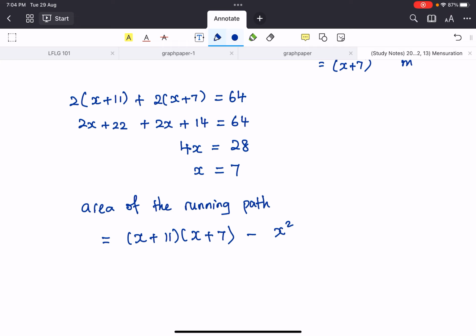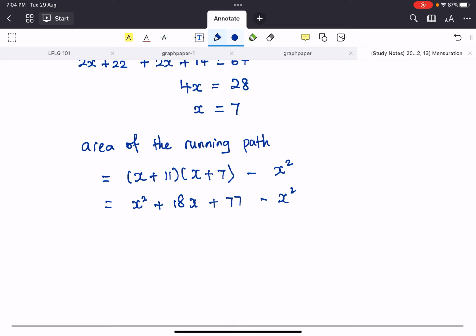So this gives us x squared plus 18x plus 77 minus x squared, which is 18x plus 77.